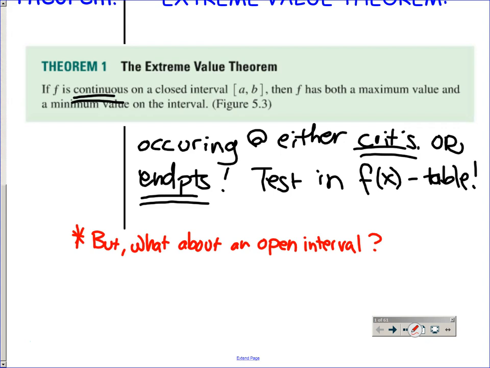True, but if it's an open interval, shouldn't we still think about where it would be? So just because it's an open interval doesn't mean that I stop looking, doesn't mean that I say there are none. It also doesn't mean that there are both. There could just be one or there could be none at all, no absolute min or max. Oh, no. But even if I have an open interval, I still have to think about it somehow.